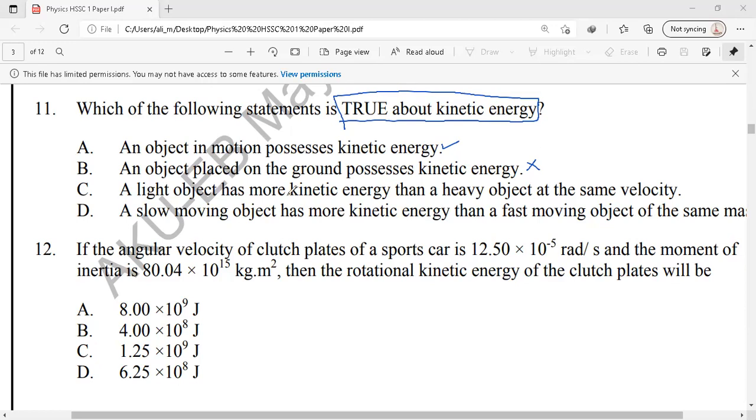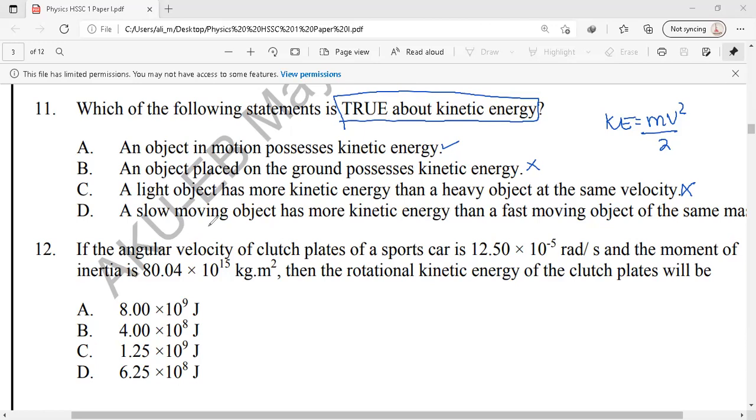A light object has more kinetic energy than a heavy object at the same velocity: this is incorrect because kinetic energy is equal to mv squared over 2. So the heavier the mass of the body, the greater its kinetic energy. So option C is incorrect.